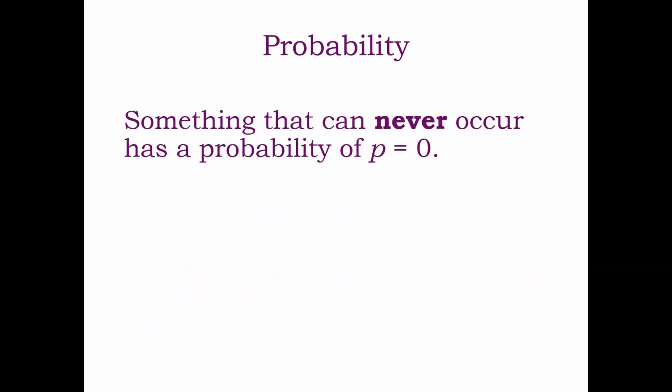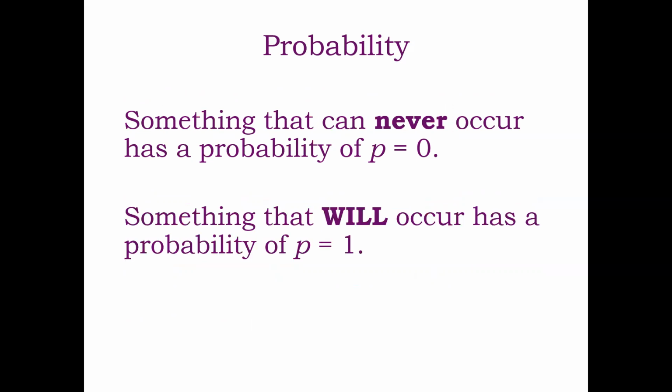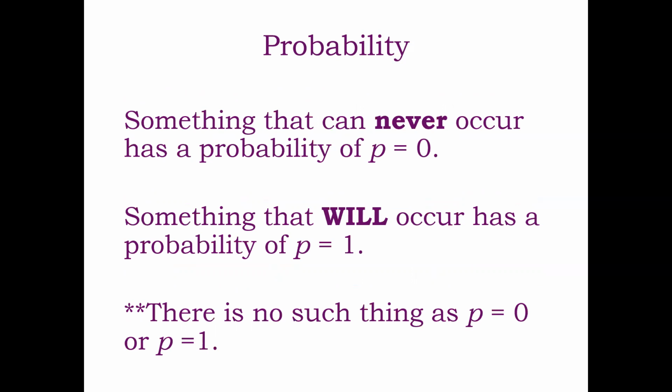Something that can never occur has a probability of 0. Something that will occur has a probability of 1. So as far as statistics goes, there is no such thing as P equals 0 or P equals 1. If you feel tempted to write P equals 0, you should be writing P less than 0.001.